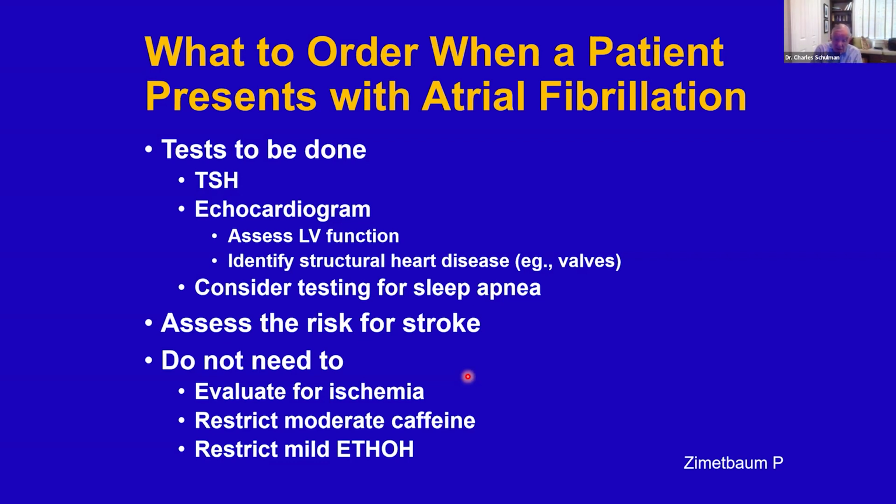Even if the patient is symptomatic with palpitations, you don't need to evaluate the patient for ischemia. You may need to send the patient to the hospital because he's in heart failure. That's different. Don't need to restrict moderate caffeine intake, and don't need to restrict mild alcohol intake.